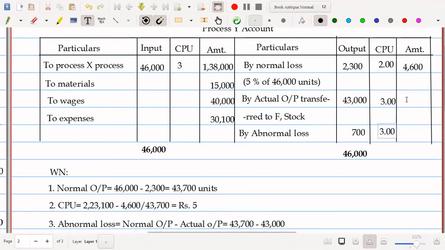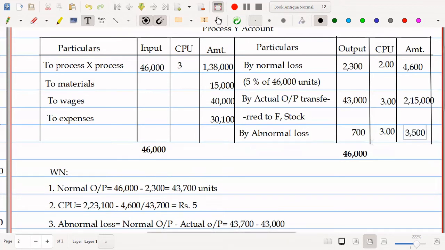It comes to 2,15,000, and abnormal loss comes to 3,500.